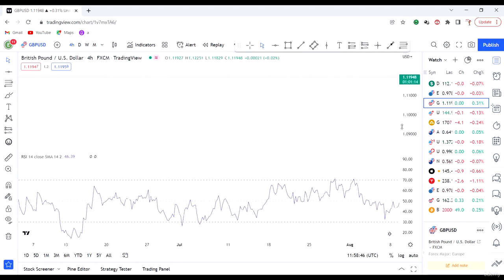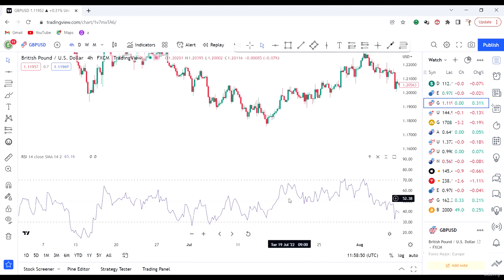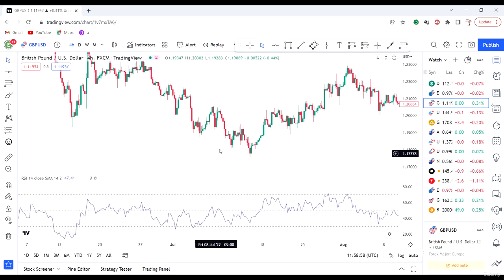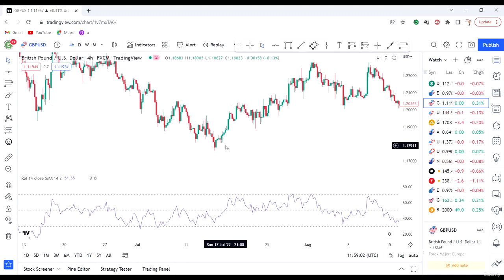So therefore, they look for buying opportunities. Like I said, you have to use this in conjunction with other forms of technical analysis, just like we've spoken before. Nothing in Forex is 100% correct. You have to use multiple forms of technical analysis to confirm your biases.